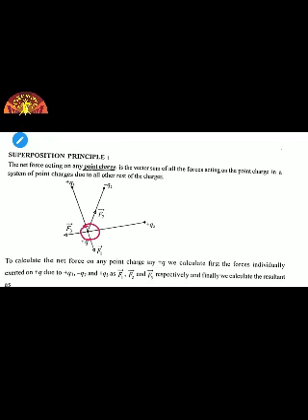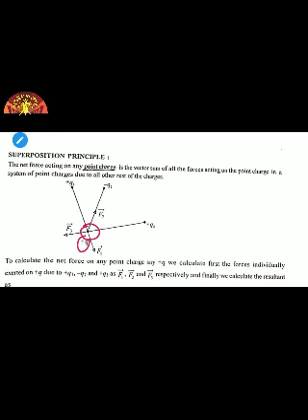Means the resultant force acting on this plus q due to these three charges would be the resultant of these three forces, F1, F2 and F3. And resultant means the vector sum of F1, F2 and F3.